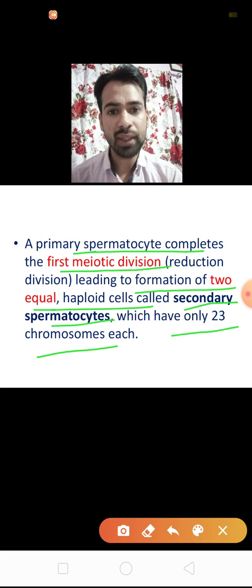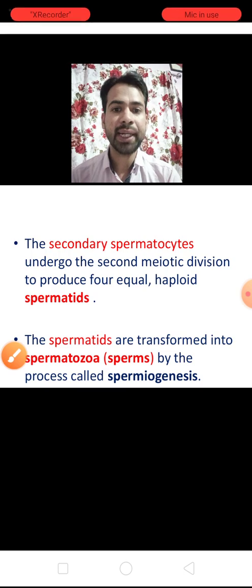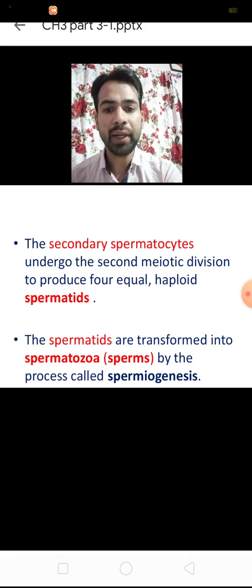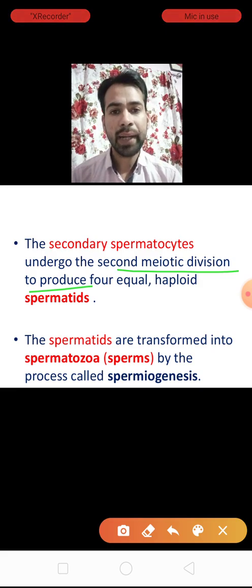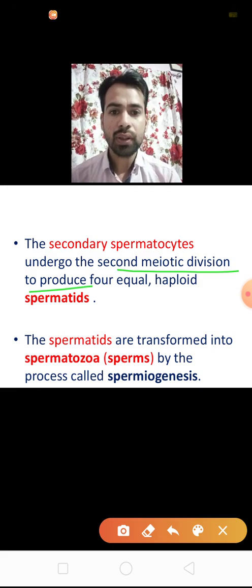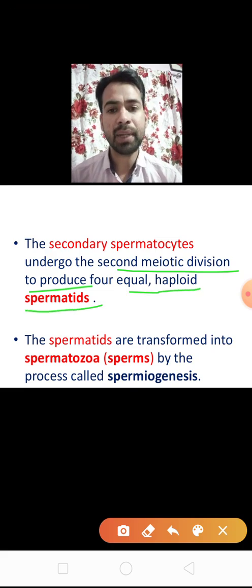So now we have the secondary spermatocytes. In the secondary spermatocyte the second meiotic division takes place and produces four equal haploid spermatids.